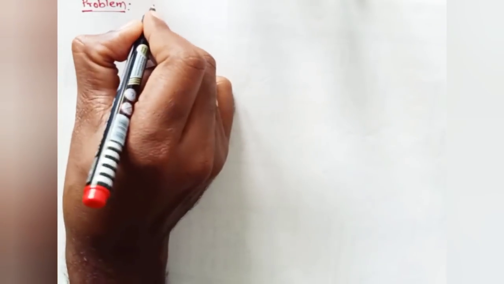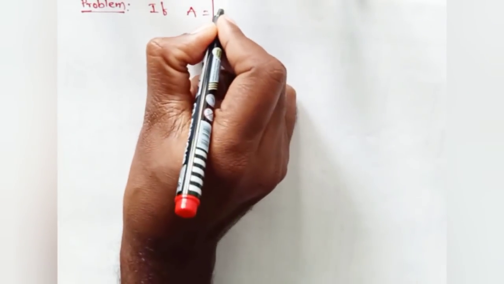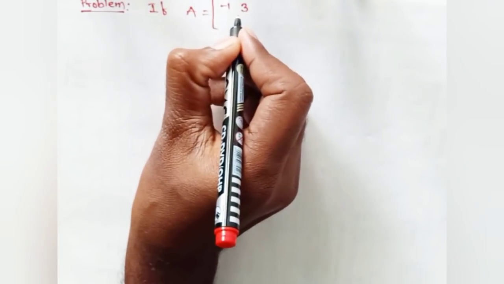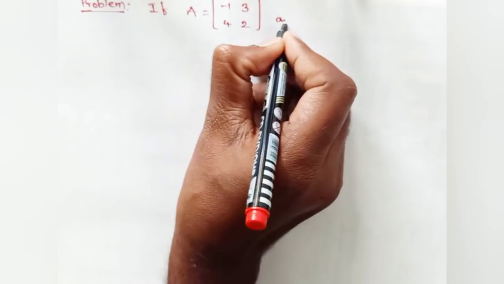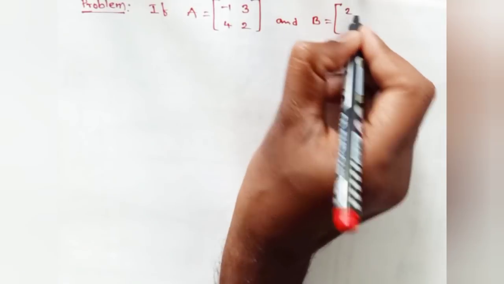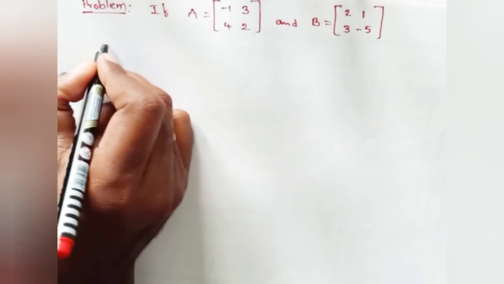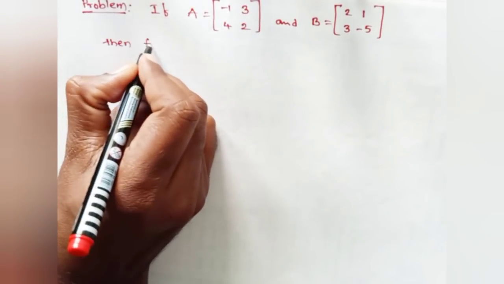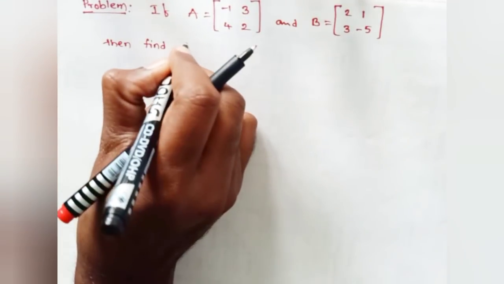Problem. If A equals -1, 3, 4, 2 and matrix B equals 2, 1, 3, -5, then find A plus 2B.